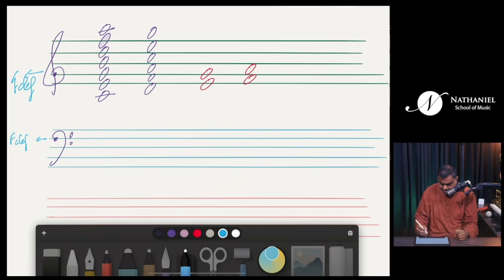Now E to G ends up being a minor third, but you can so easily make it a major third by sharpening the G to make it G sharp. E to G sharp is a major third now. F to A is already a major third. How do I make F to A a minor third?